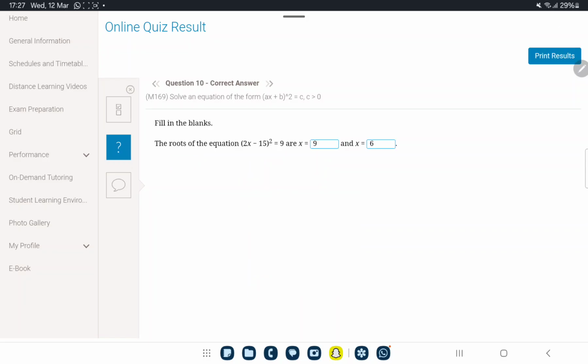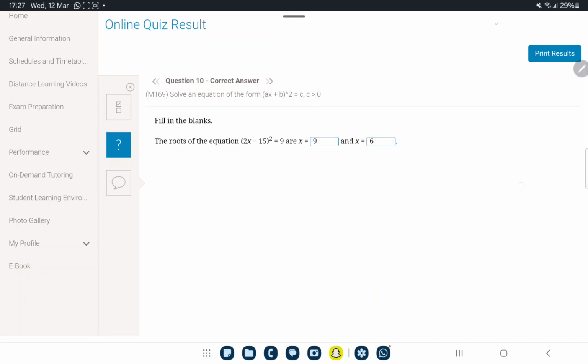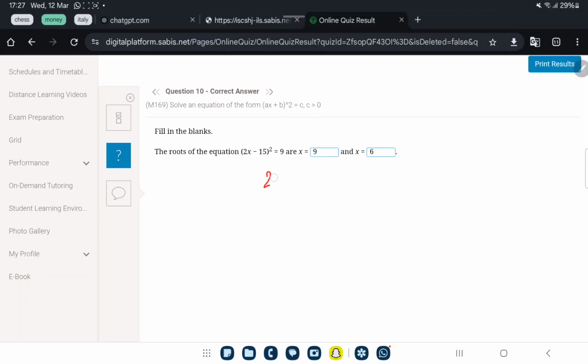Again, roots of the equation: (2x minus 15) squared equals 9. You square root both sides. This becomes plus minus 9. So 2x minus 15 equals plus minus 9. You move the 15 to the other side, it becomes plus.